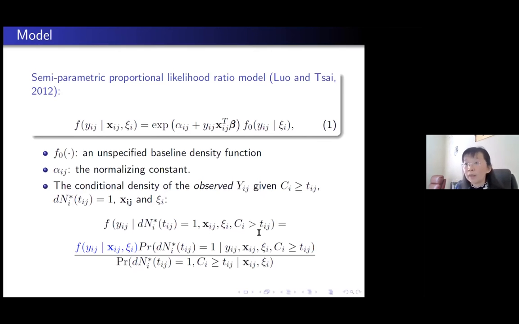As seen from this equation, if we use the full likelihood of the observed data to estimate the parameters of interest, we need a correct specification of the distribution of the self-reported process, informative censoring, and random effects. Of course, these specifications are all subject to potential model misspecification, which may lead to biased inference. It's better to have a more robust method.